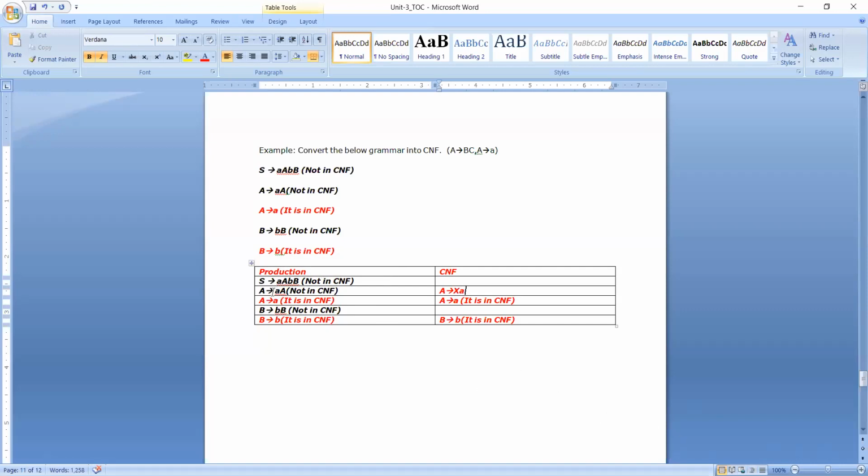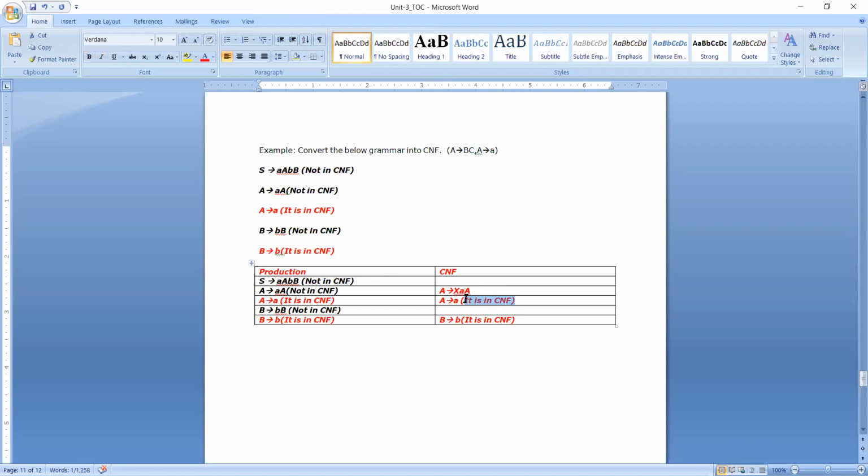I am going to replace this terminal small a with a new variable called XA. And this capital A is already a variable. Now we got two variables: XA is a variable and capital A is a variable. Did we get a max of two variables on the right hand side of the production or not?